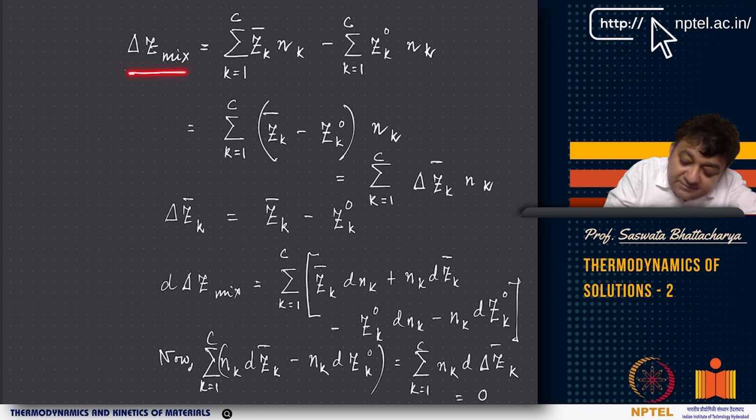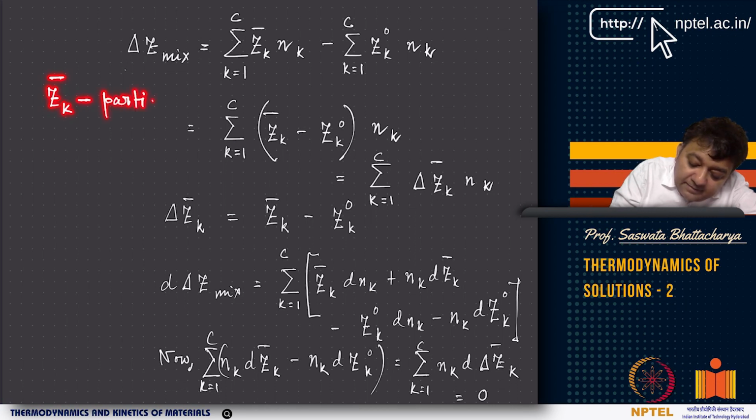So delta Z mix is basically, see again, Zk bar is the partial molar property of component K in solution, right?